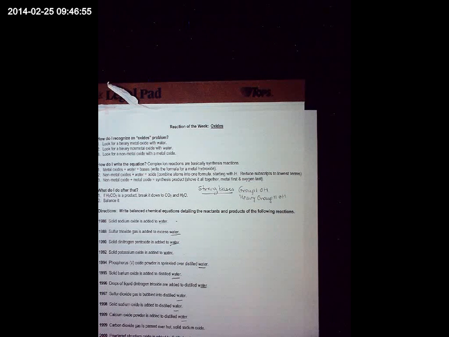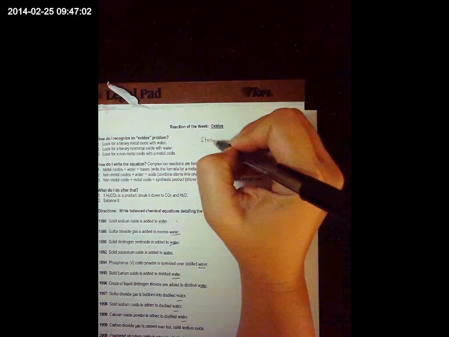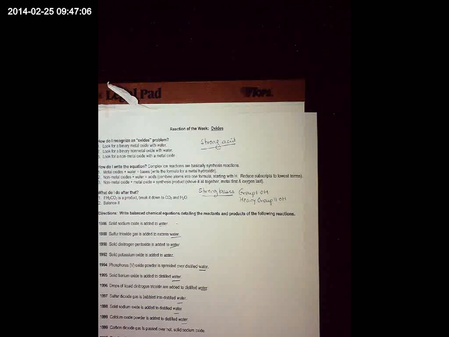All right? In terms of acids, you do the same thing. You only break them apart if they're strong. And you're going to have to memorize this. So the strong acids are acids with any of the halogens, with the exception of HF, right?